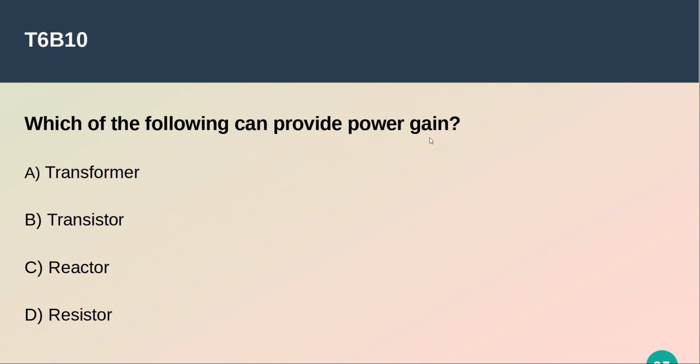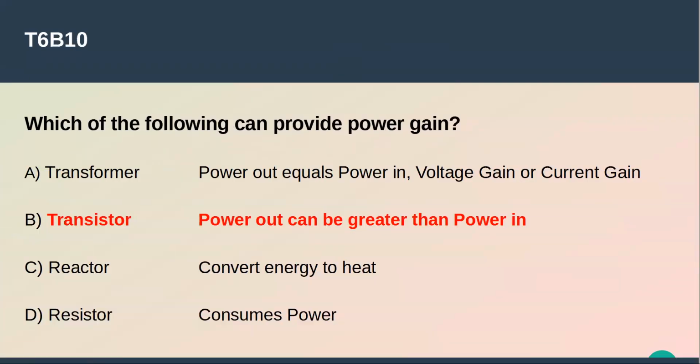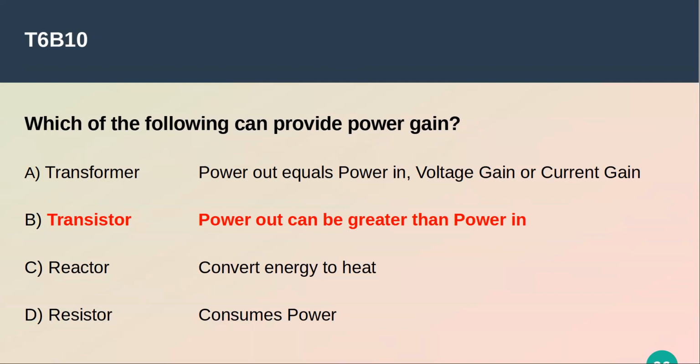Which of the following can provide power gain? A transistor? A transformer.